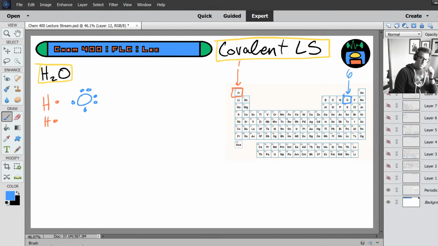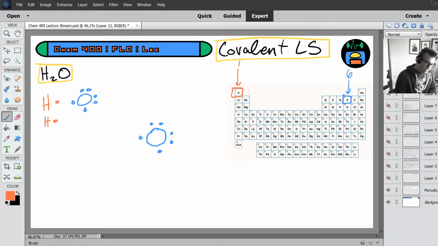All right, so let's go ahead and take a look at this Lewis structure for a molecule of water. Now, what needs to take place is hydrogen, as we know, wants to have 2 valence electrons. It wants to be the same as helium.